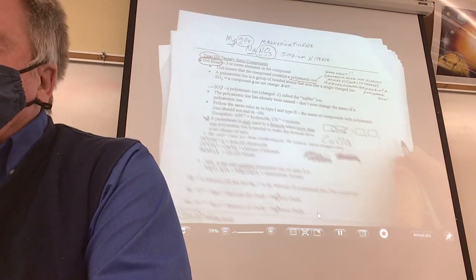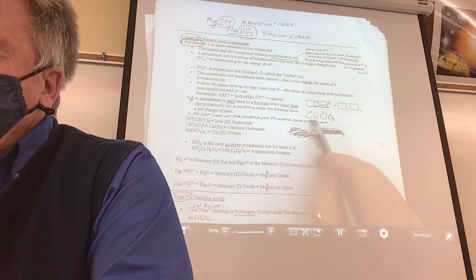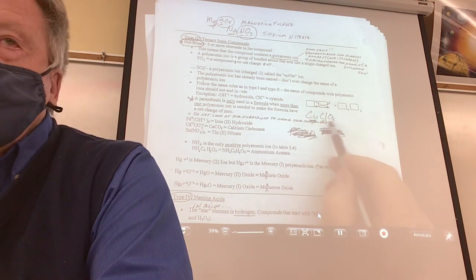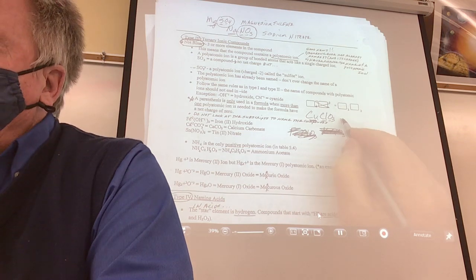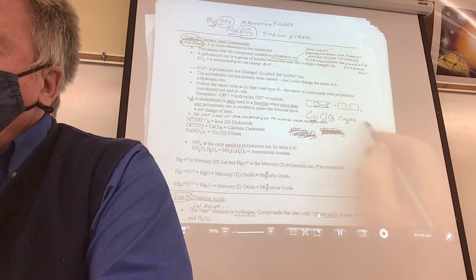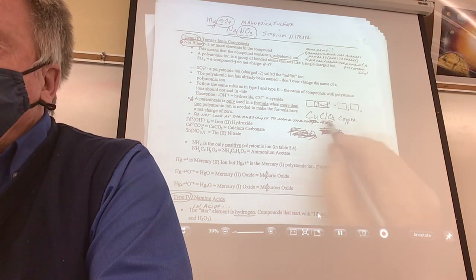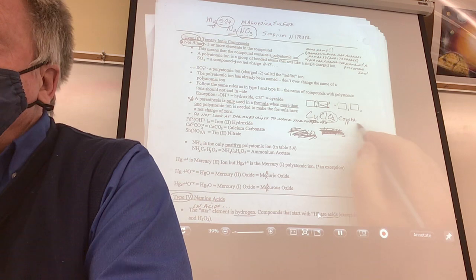How many elements are in that compound? 3. 1, 2, 3. Is that right? Okay, now, what do you think? Copper, and then go find him. Chlorate. Yes. Now, did you leave a space?